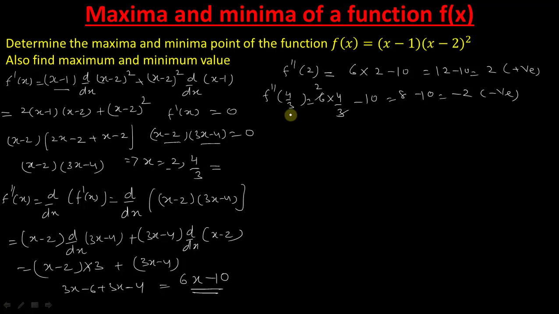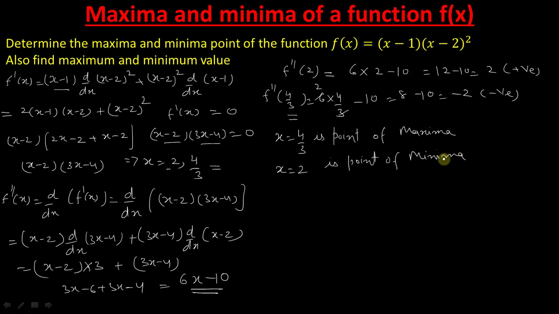So at 4 by 3 the second derivative is negative, so we will say x is equal to 4 by 3 is a point of maxima, because at this point the value of the second derivative is negative. x is equal to 2 is a point of minima. So that was our first part.